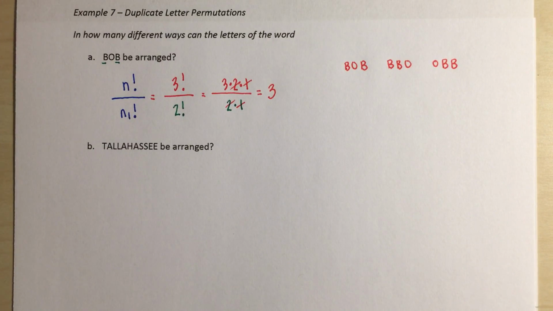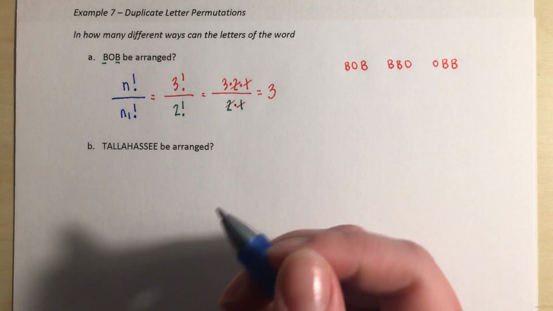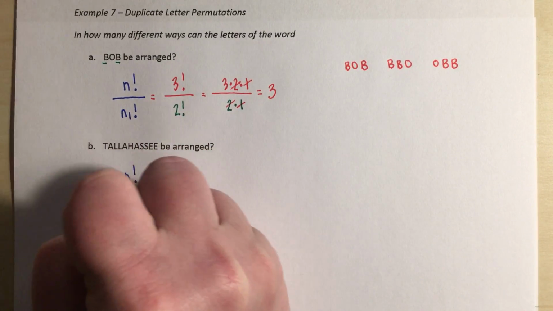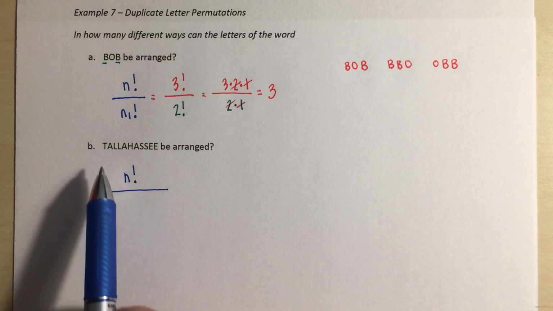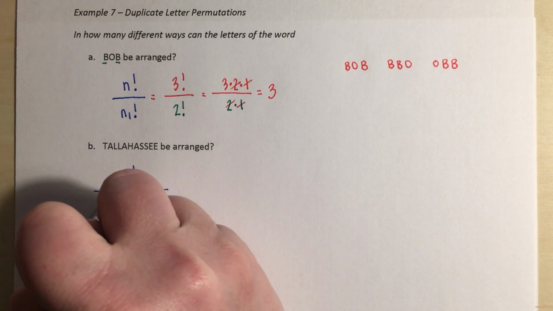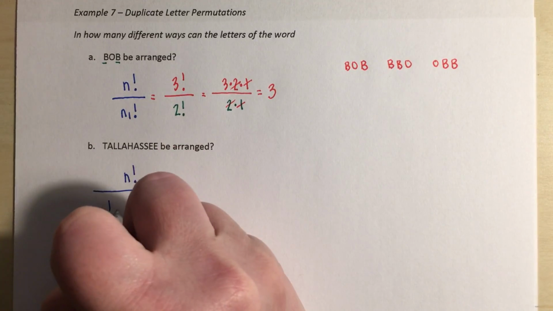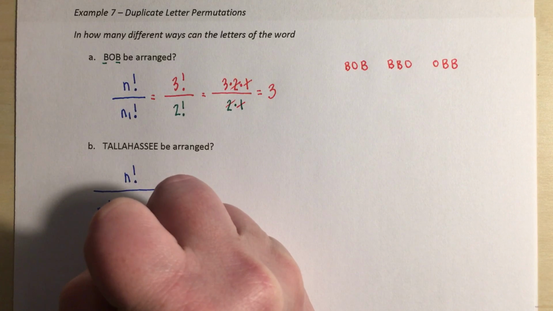All right, so for example B, we're going to do the same thing. In how many different ways can the letters of the word Tallahassee be arranged? When we set up our formula, we are going to start with our n factorial. If we look at this, we have the letter A repeated, so n1 factorial. We have the letter L repeated, n2 factorial.